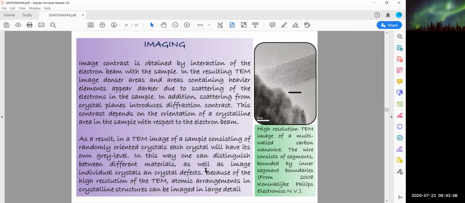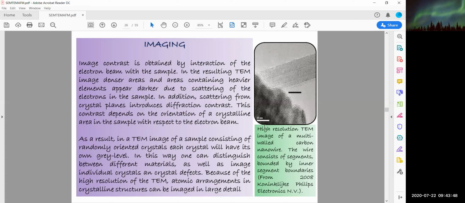For the imaging, here you can see the image. This is a high resolution TEM image of a multi-wall carbon nanowire. The wire consists of segments bounded by inner segment boundaries, and this is from 2008, courtesy of Philips Electronics N.V. We use this image to explain how a TEM image looks.